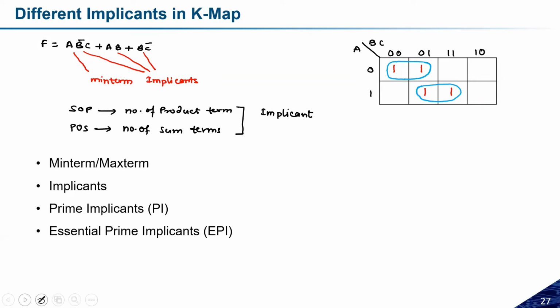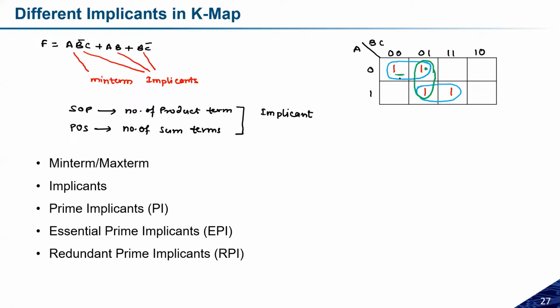The next terminology is the redundant prime implicant. Redundant prime implicant means a prime implicant for which each of its min terms is covered by some essential prime implicant. If you see here, one more pair is possible, the pair of these two ones in the green color. But one of the terms is covered with this essential prime implicant, and the other term is covered with this one.